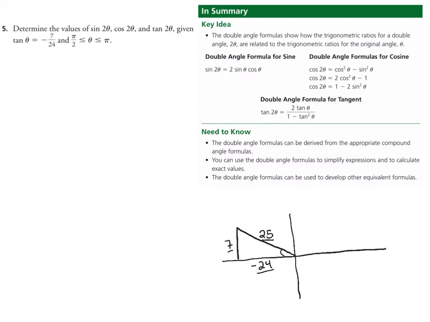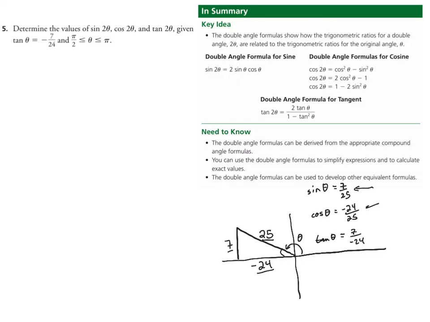So I already know that the sine of theta is opposite over hypotenuse, 7 over 25. Cos of theta is negative 24 over 25. And tan of theta is 7 over negative 24.